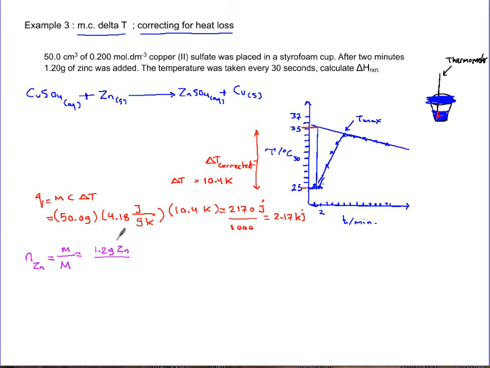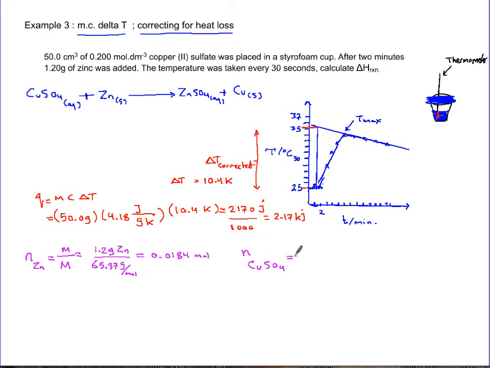We look it up on the periodic table and you have 65.37 grams per mole for zinc. And when you do this division, you will get 0.0184 moles.